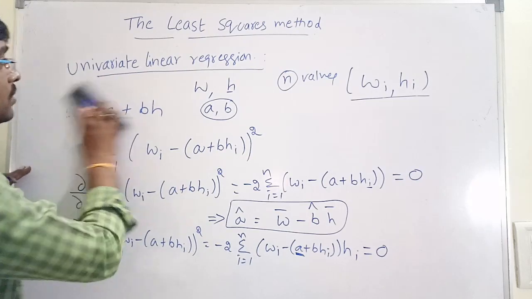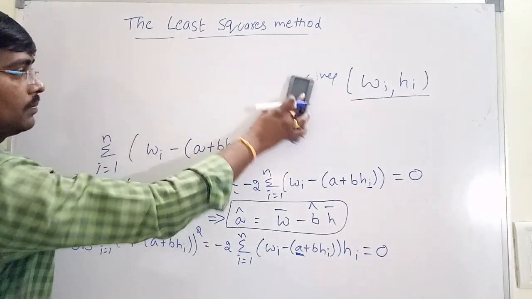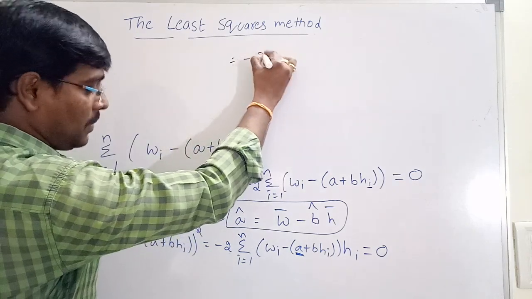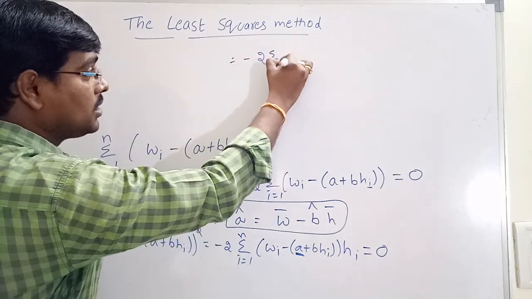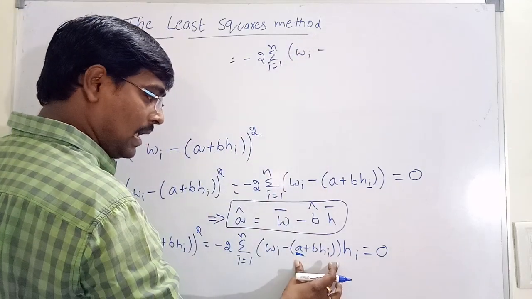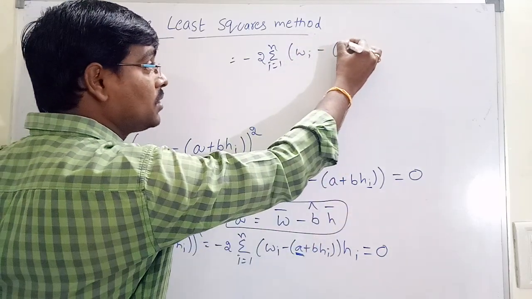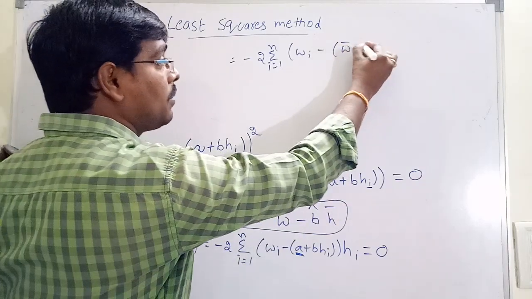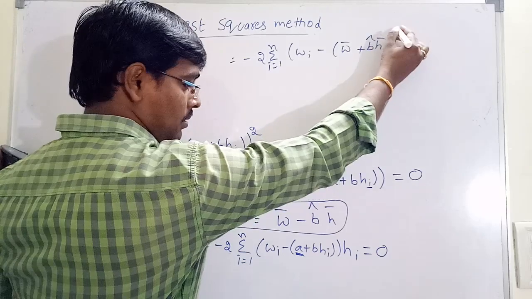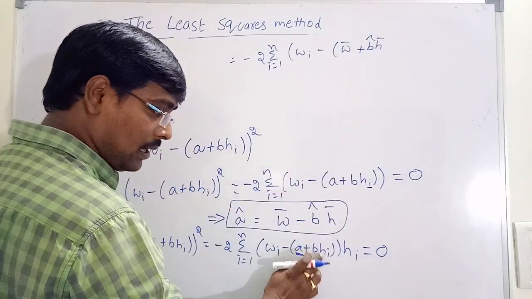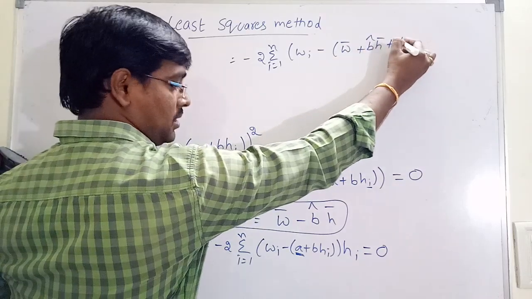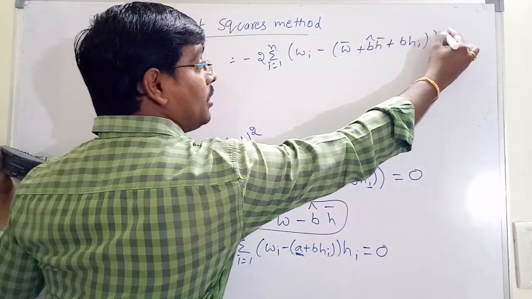So minus 2 sigma i equals 1 to n, Wi minus A plus B Hi is replaced with W bar minus B cap H bar plus B Hi, into Hi.